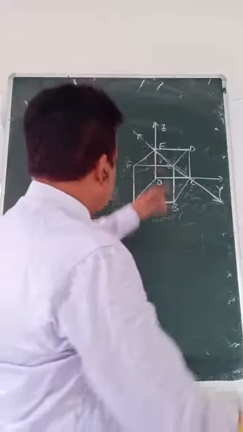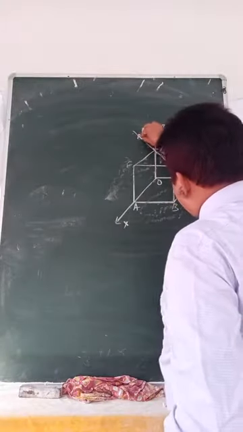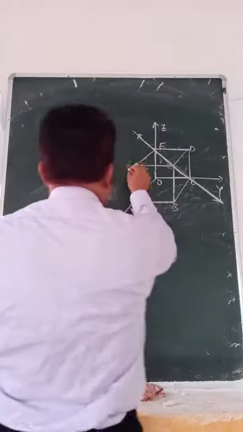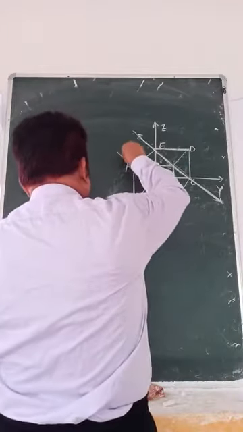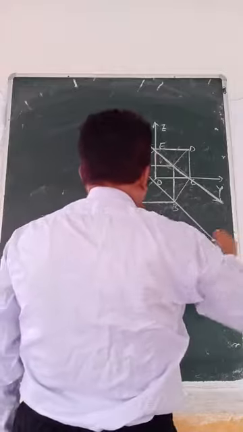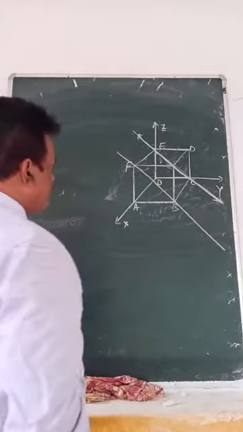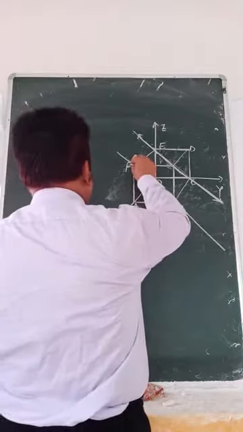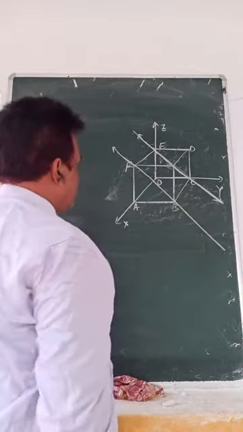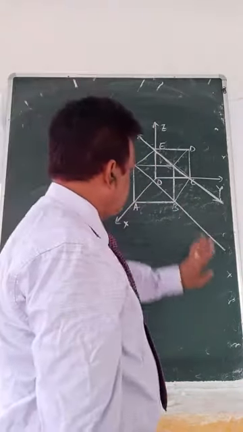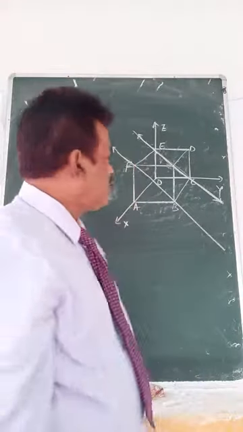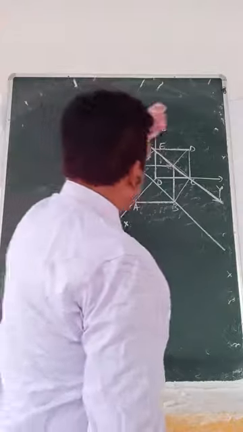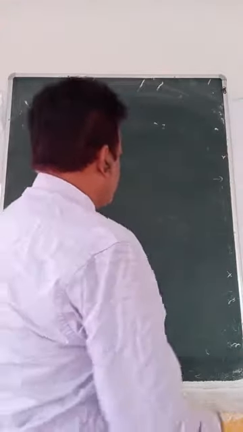Okay. So one line that I have drawn here. Draw another line. So what you observe here, these lines are neither parallel nor intersecting. I can make it a bit better way. You can look at here.